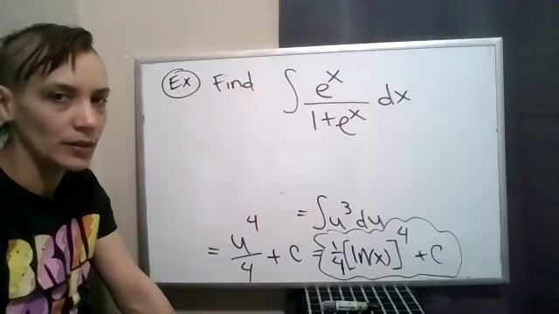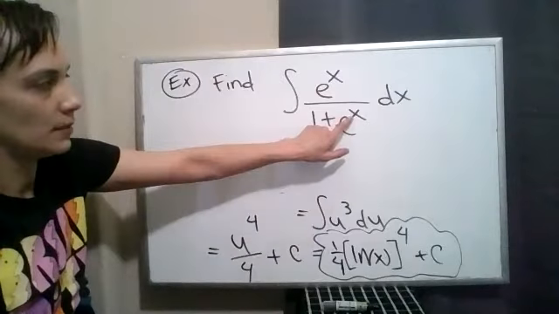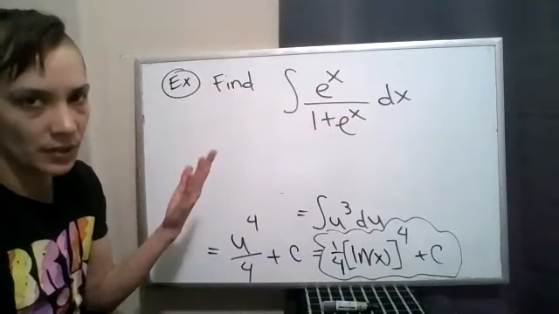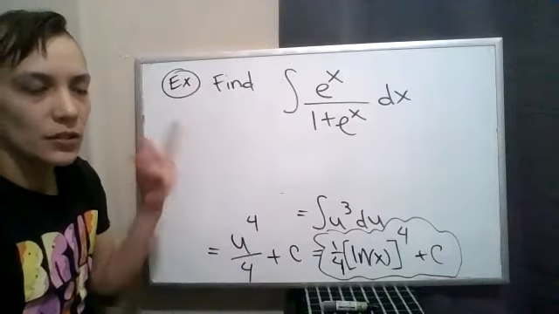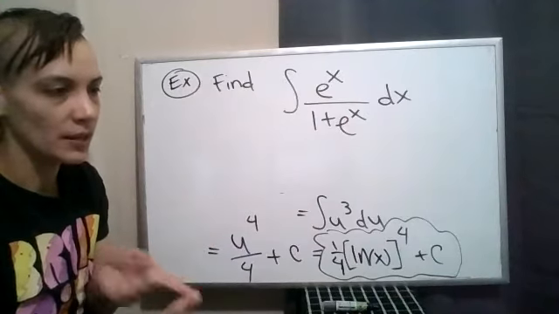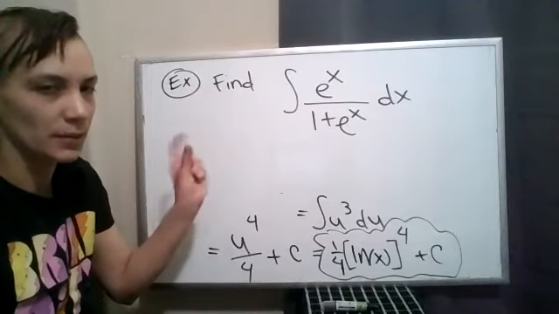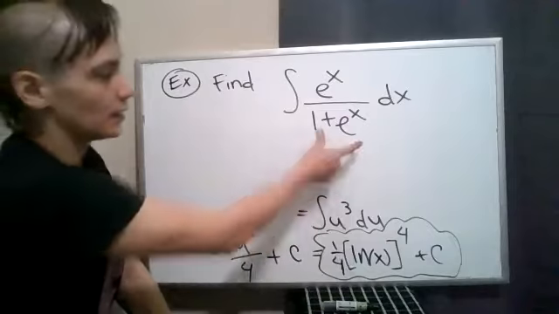I let u equal 1 plus e to the x. So again, as just a hint from someone who's done a lot of these, give it a try to let u be equal to whatever's in your denominator, whatever's under a square root, whatever might be up in a power, just a piece that's a little messy looking. This piece.